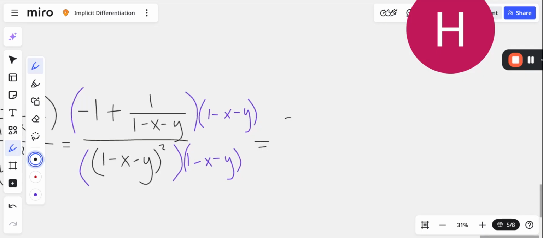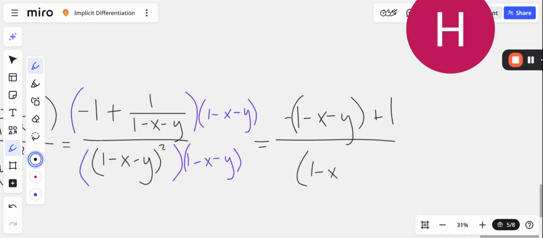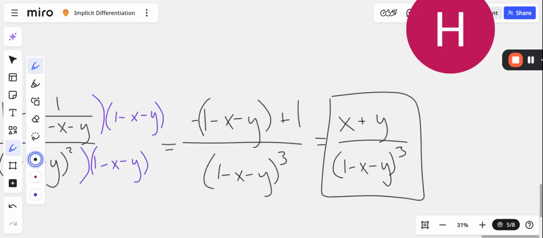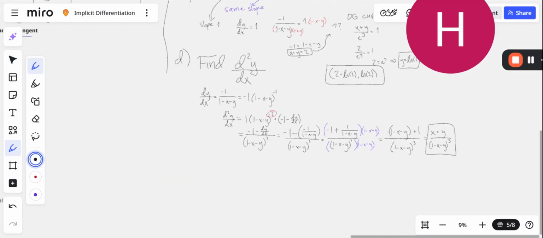So we're going to have negative 1 minus x minus y plus 1 all over 1 minus x minus y cubed. And so this is just going to give us x plus y over 1 minus x minus y cubed.